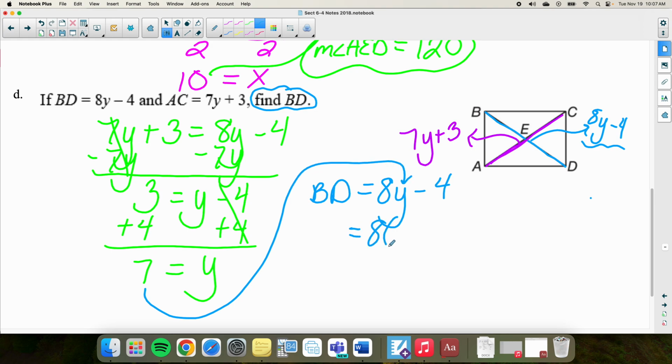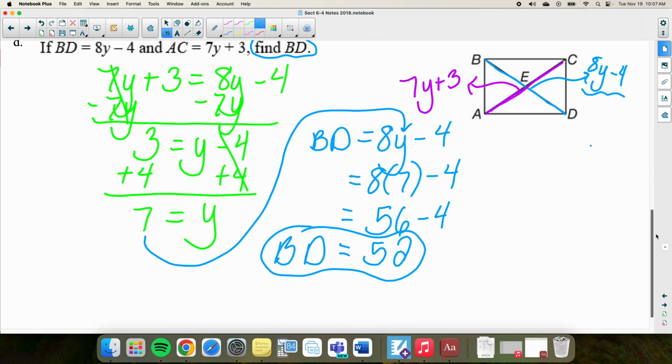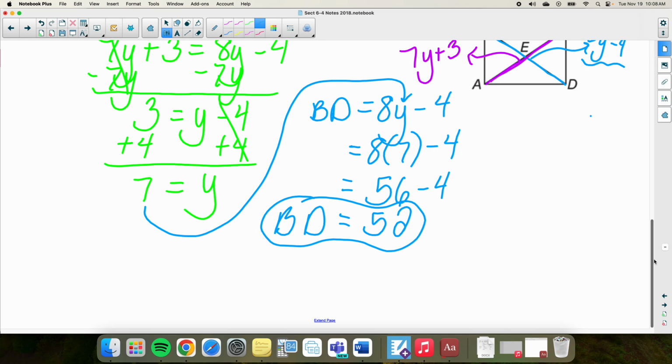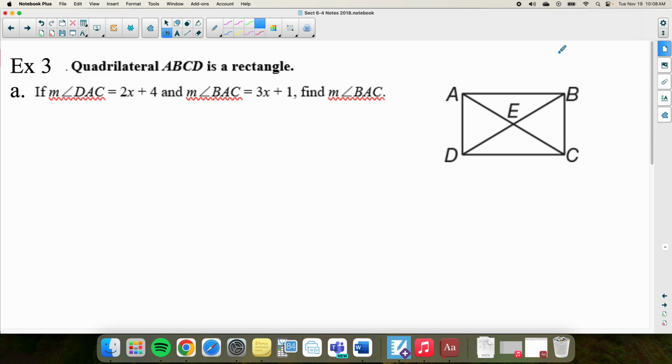So I'd have 8 times 7 minus 4, which is 56 minus 4, which is 52. So sometimes they don't just have you solve for x or y, you have to substitute it back in. So make sure you check on that. Okay, let's go to this page.